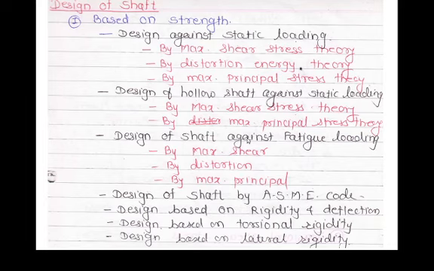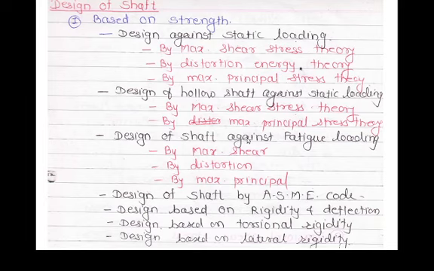Then the shaft design. Now it's clear what the different types of shafts are, or what the different rotating elements are: the shaft, rod, spindles and axle. Our definition: a shaft is a rotating member, generally circular in section, which will transmit power.